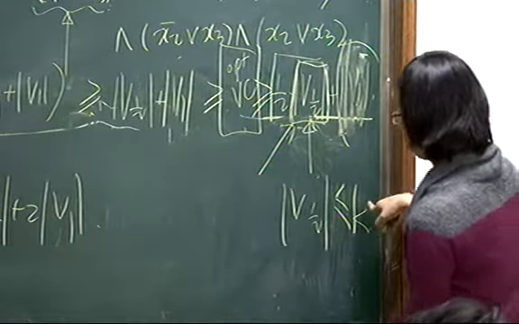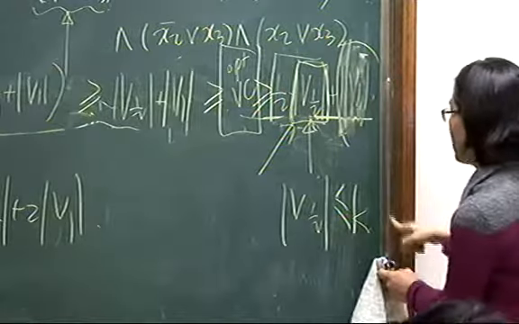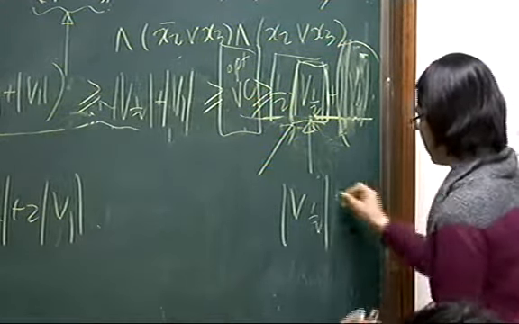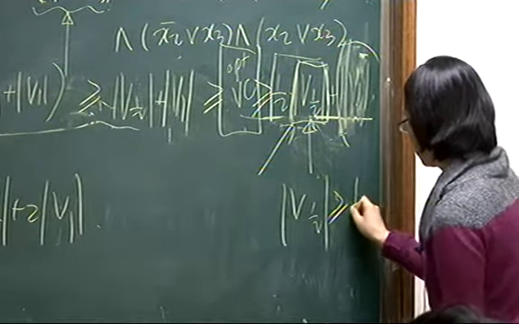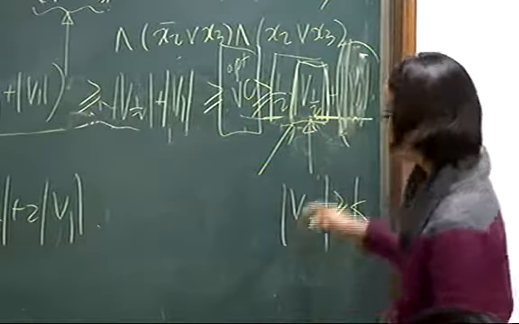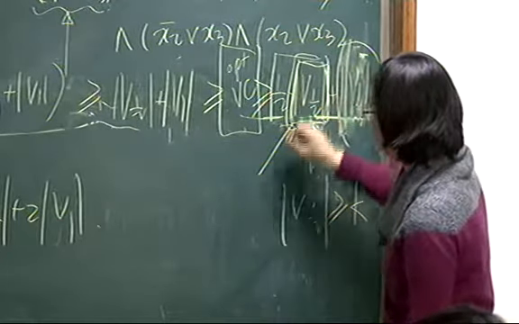And so after that, if this is true, then we can just say no. Otherwise, the size of this set is bounded by 2k.